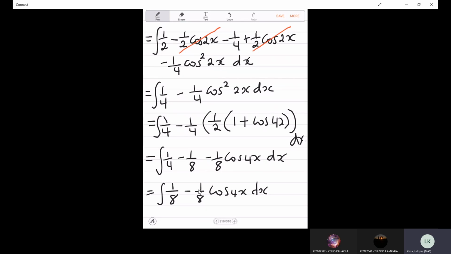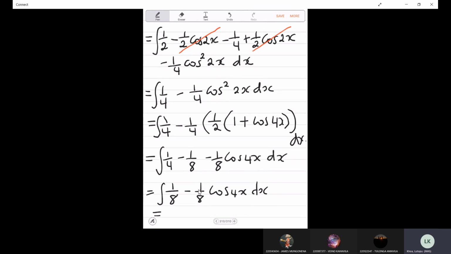Now this one we should be able to integrate without any problems. I think it's just a lot of algebra, but there isn't anything difficult that we're doing. So be careful with these numbers, because if you make a mistake somewhere at the top, it affects everything going forward. Then we integrate.